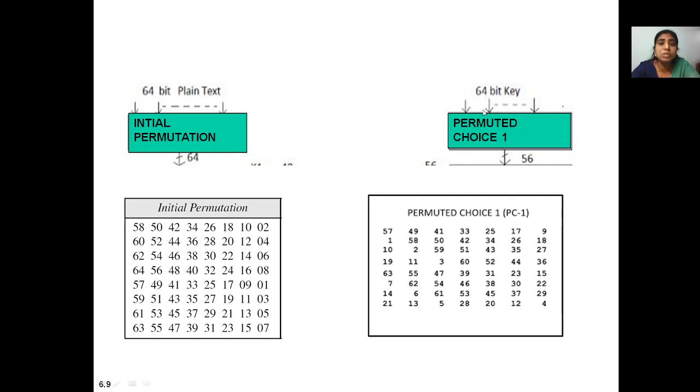We are going to remove all the multiples of 8, that is, every 8th bit, and we are going to place the 57th bit in the first position, then the first bit in the second position, the third bit in the 10th position, the 10th bit in the third position, the 19th bit in the fourth position, and the 63rd bit in the fifth position. Like that we need to transpose the values in the required manner.